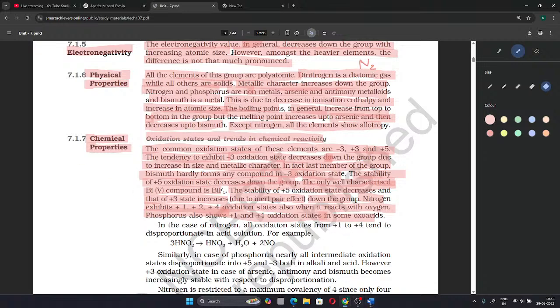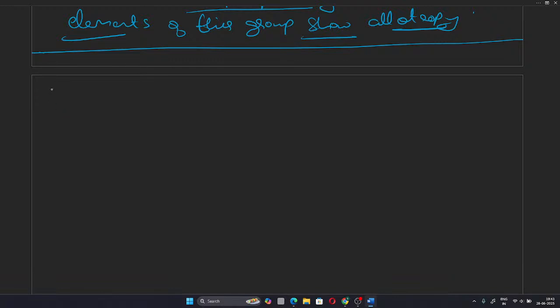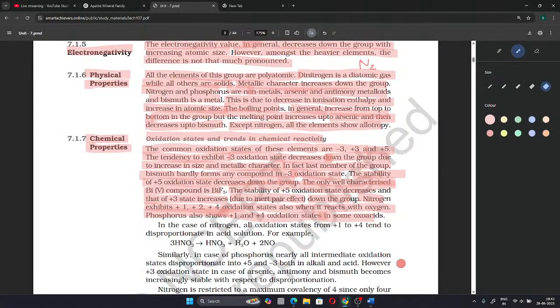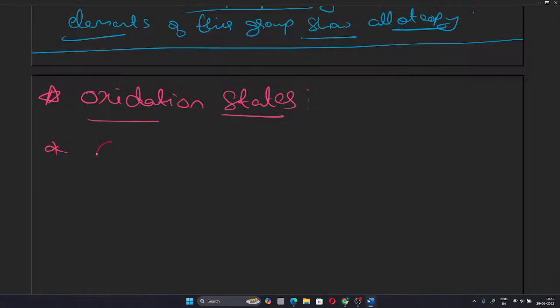So, oxidation state. Common oxidation states are +3, -3 and +5.